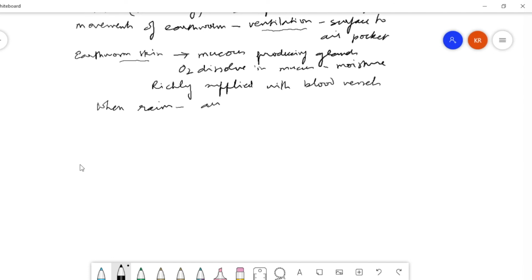Now, just a point of consideration: when it rains, the air pockets are filled with water. Since they are filled with water, the exchange of oxygen doesn't take place. So the earthworms get suffocated and they come out.